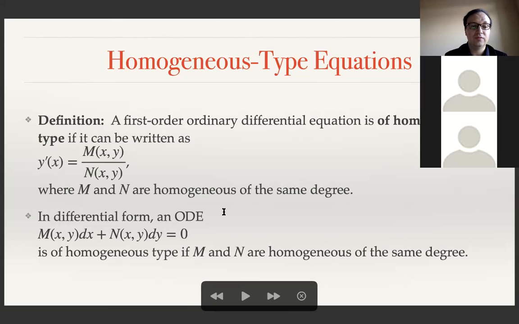And before we move on, these equations are also often written in differential form. So the expression here is not equivalent to the expression here because there's a minus missing. It should be minus M of x and y dx or something like that.